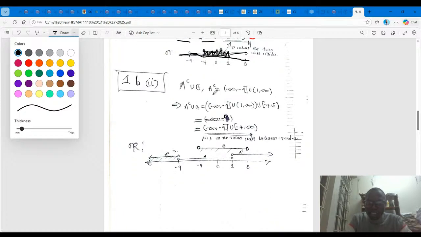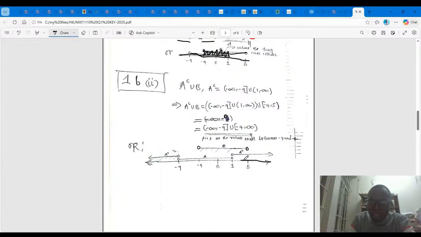So if the question is saying we use a number line, therefore you draw a real line, which is this one. Okay. You have -9 here, -4 here, 0 here, 1 here, 5 here. Then you check your set. Your set is A complement union B. So for you to find A complement, you have first to figure out what A is.